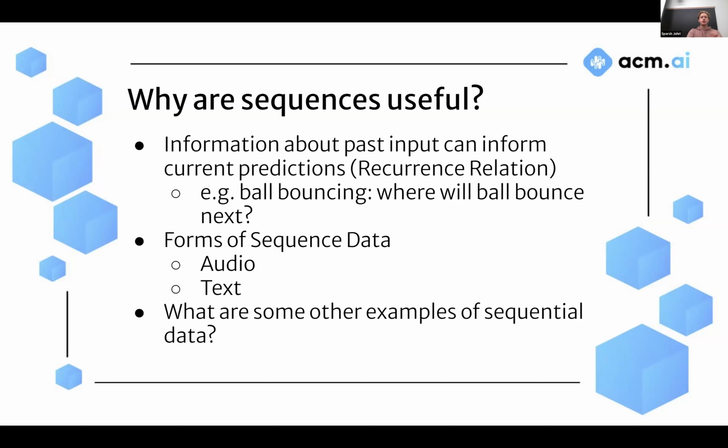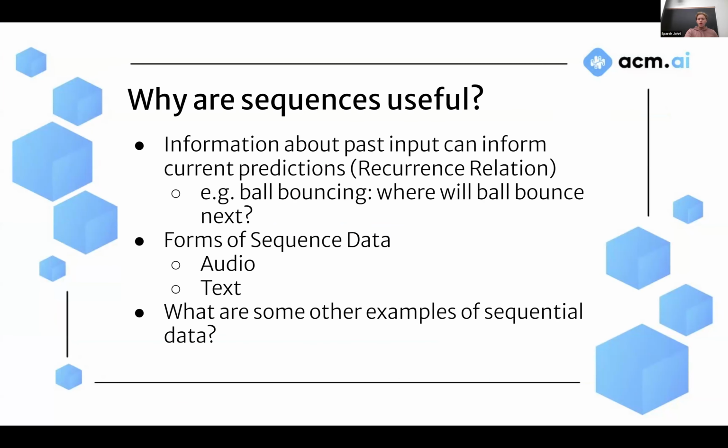So what are some other examples of sequential data? There's audio, text, video, and so on. A timeline, maybe. Weather, yes, that's a good one. Any disease case numbers too: if they're increasing, there's a good chance the next one is going to be higher than the previous one.